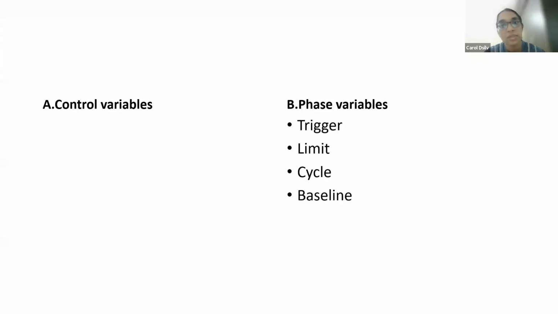It's also important to have a brief idea about the phase variables. Anyone knows what these phase variables are? What is the trigger? What is the limit? What is the cycle? Any clue? Anyone want to volunteer a guess before I start showing you graphics? What are the common triggers you all know of? Time trigger. Very good, time trigger.